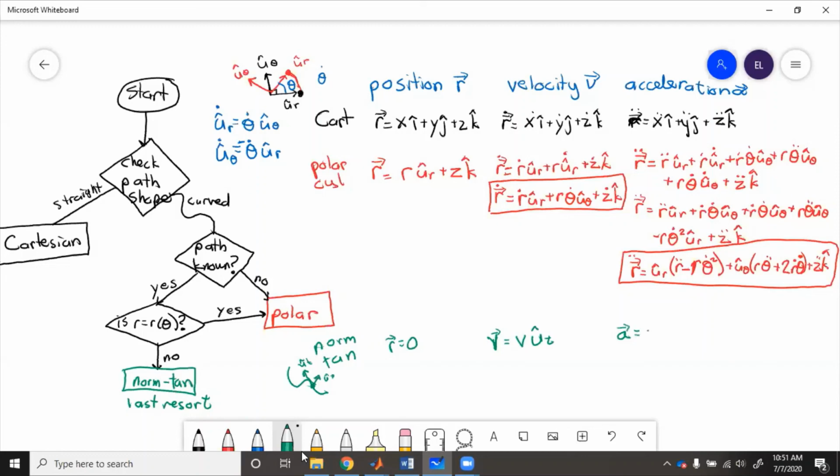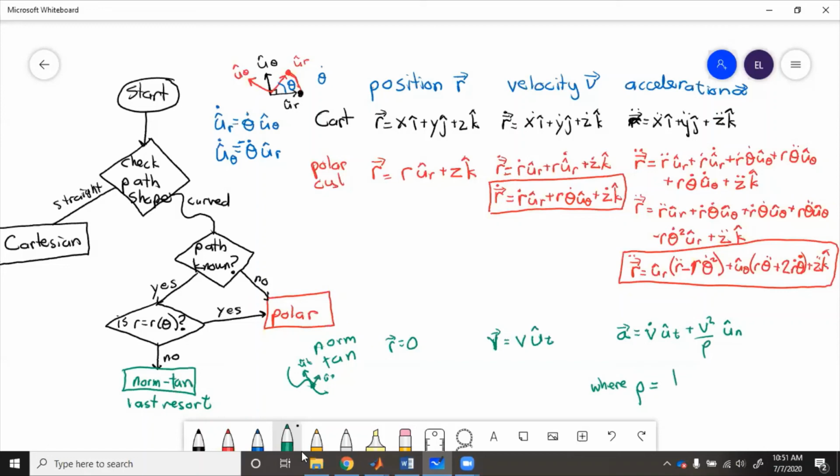Then the acceleration is going to be, u_t is not constant because remember the particle's moving. So a is going to be v dot u_t plus v squared over rho u_n, where rho, and this one is kind of a lengthy formula, so this is why you need to know the path.